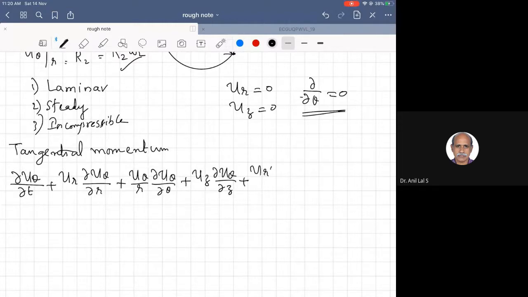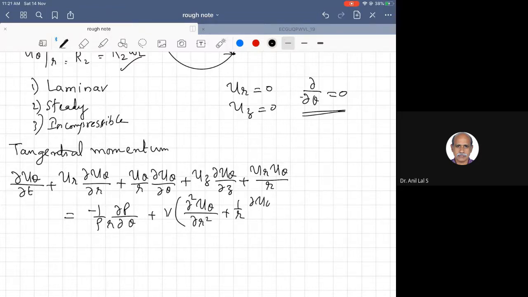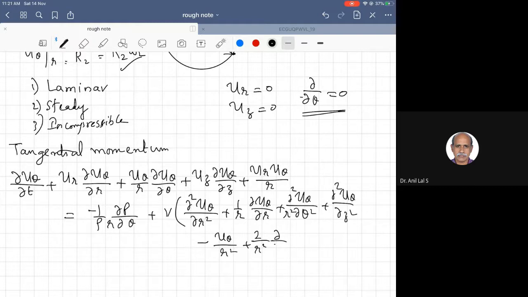Plus the Coriolis acceleration term is equal to minus 1 by rho r dou p by dou theta plus mu into dou squared u theta by dou r squared plus 1 by r dou u theta by dou r plus 1 by r squared dou squared u theta by dou theta squared plus dou squared u theta by dou z squared, and there is minus u theta by r squared plus 2 by r squared dou by dou theta of u r. This is the tangential momentum equation.